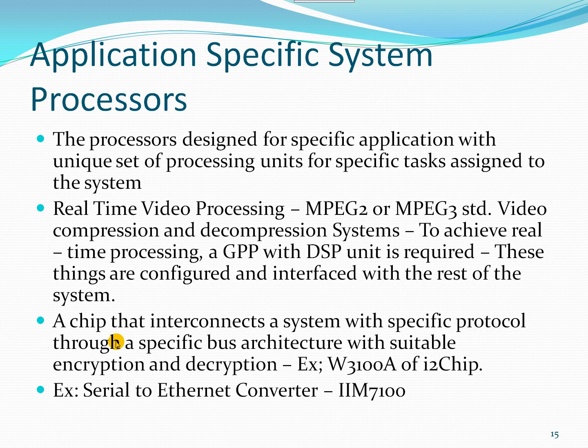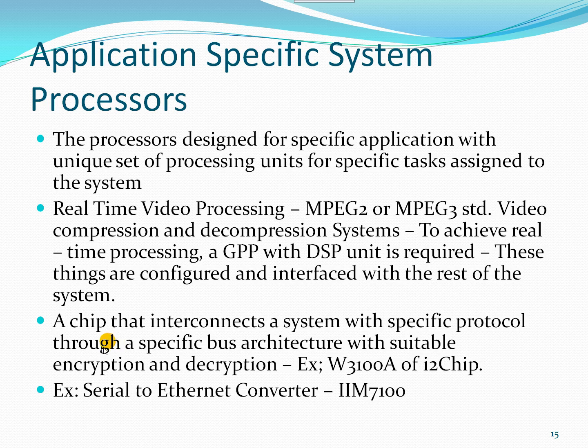The next example is also a great one, that is a network processor. In that network processor, if you have a specific protocol to be addressed in that particular network, we can install that specific protocol with the help of this application specific system processor, because those kind of processors can be configured with a specific set of protocols for working in that particular network, and used for encryption and decryption purposes.